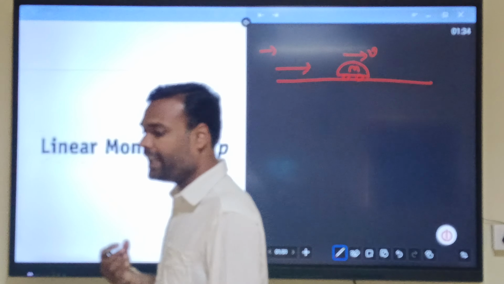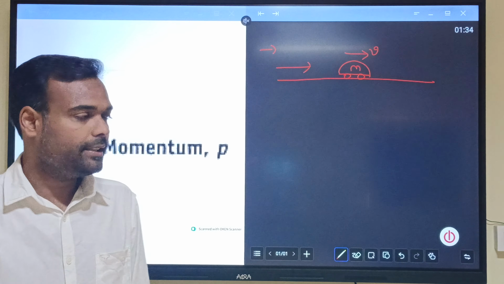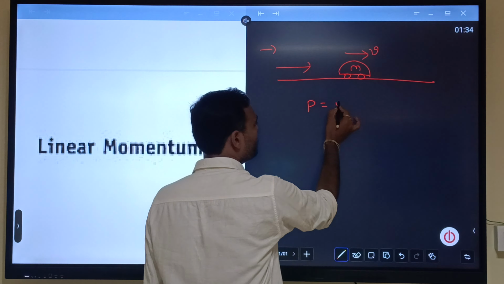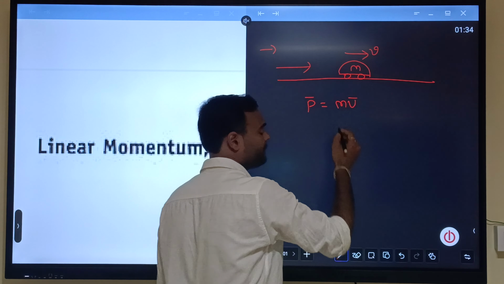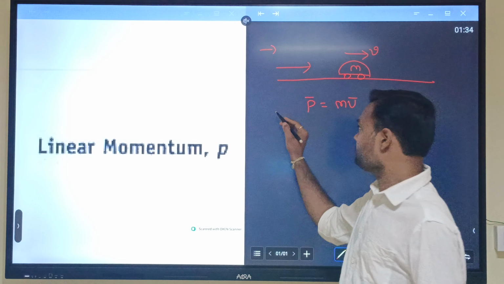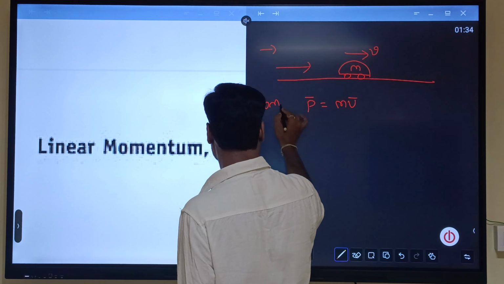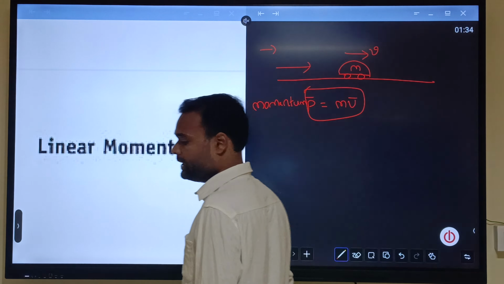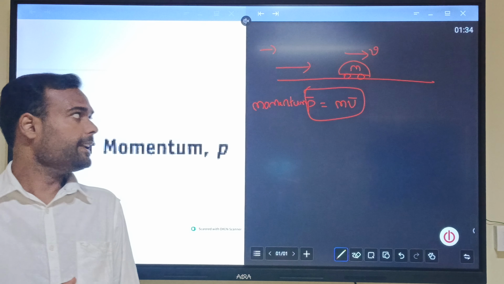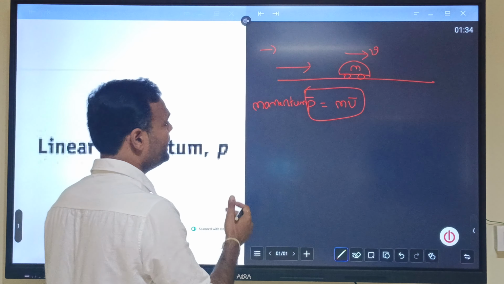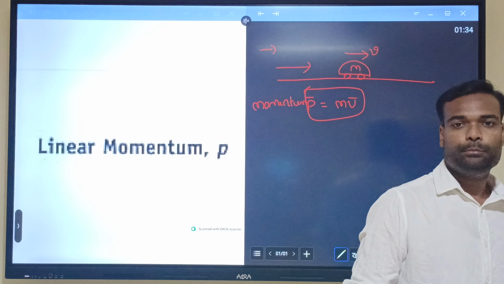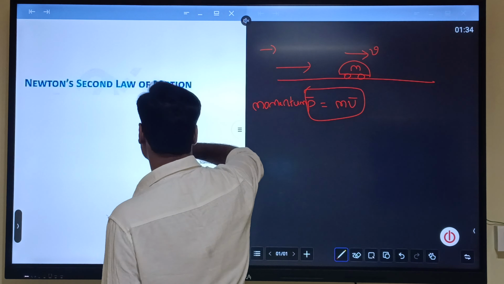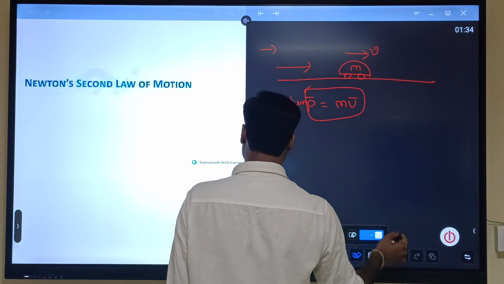The property of giving a certain amount of velocity to the object having mass m is known as momentum. Momentum is equal to mass into velocity, where momentum is a vector quantity and velocity is also a vector quantity, and p is equal to mv. This is what linear momentum is, right?